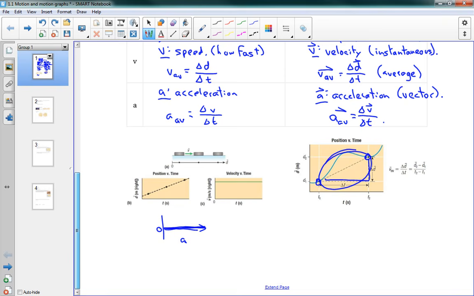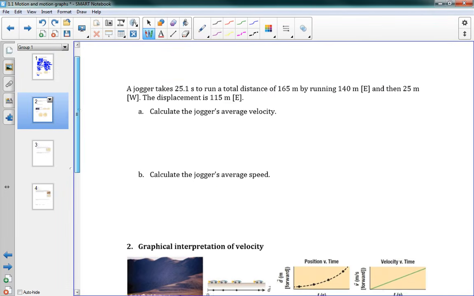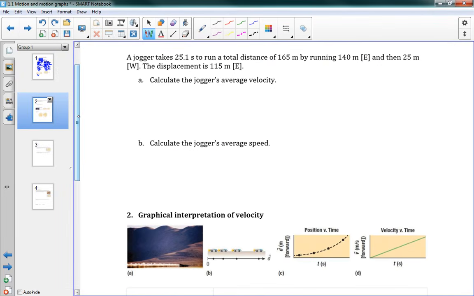We don't need to worry about any of this funny business going on in the middle here, this curvy bit. It's really quite simple to get the average velocity. We just take the first point and the last point. Excellent.